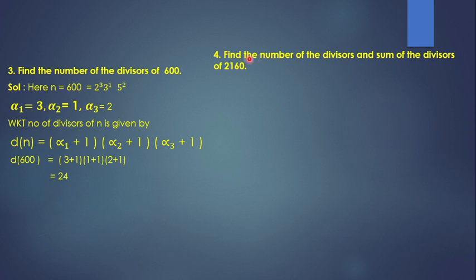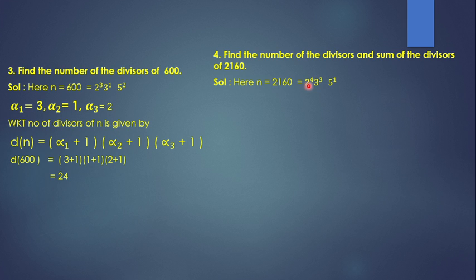Here the example is: find the number of divisors and sum of the divisors of 2160. This example has two parts. The first part is to find the number of divisors. The second part is to find the sum of the divisors. So first we find the factors, that is n equals 2160 equals 2 raised to 4, 3 raised to 3, 5 raised to 1.